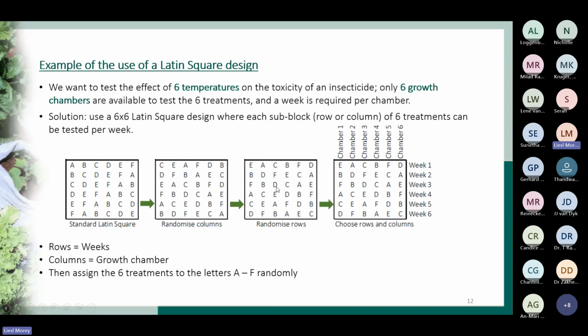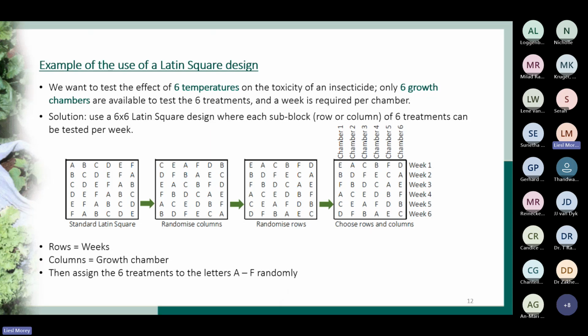So how are we going to apply the 6x6 Latin square? We are going to test the effects of 6 temperatures on the toxicity of an insecticide. Because we only have 6 growth chambers available, we can only test a temperature at a time.